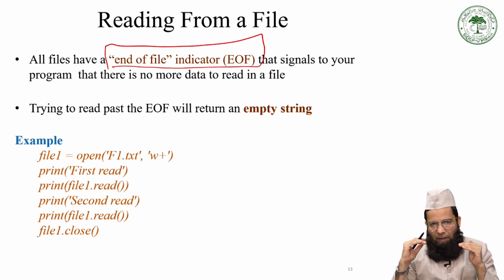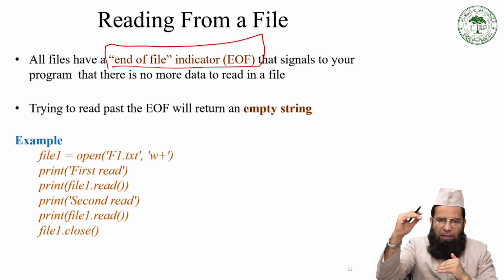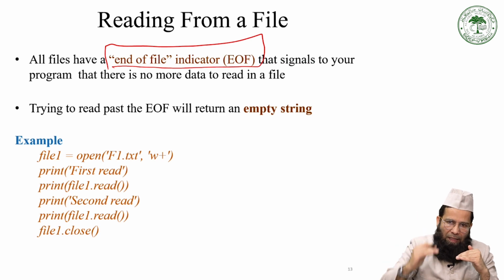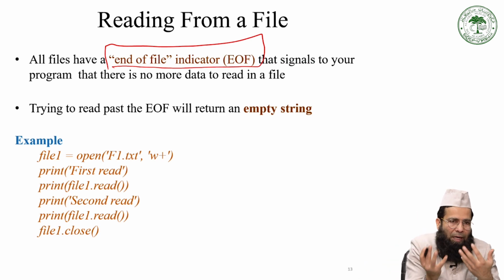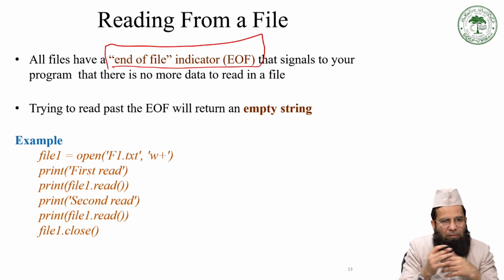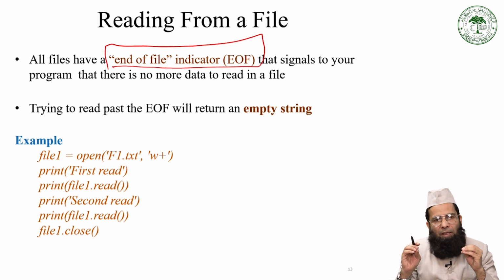How can we identify that there is no more content to be read? Suppose I have read all the content and after that there is nothing left. So how to identify the end of file? It provides an end of file indicator that signals to your program that there is no more data to read in a file.